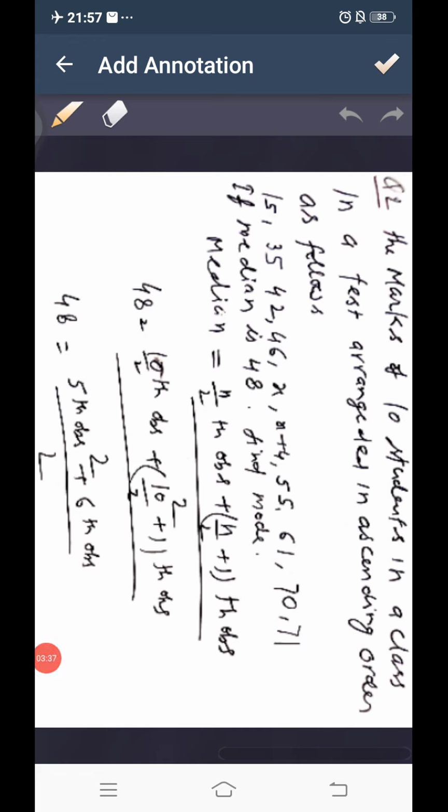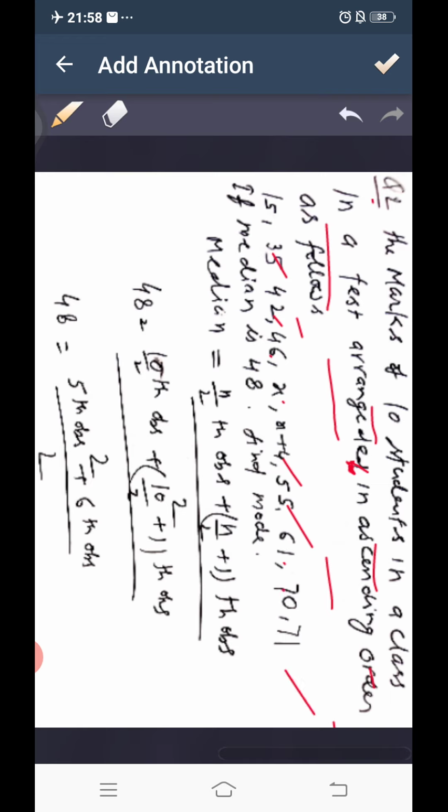Let us take question number 2. The marks of 10 students in a class test are arranged in ascending order as follows: 15, 35, 42, 46, x plus 4, 55, 61, 70 and 71.